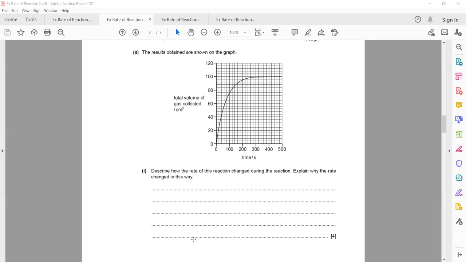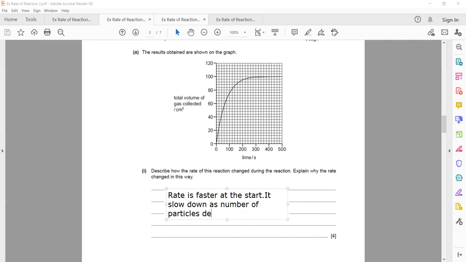So in the beginning, the rate is faster at the start, then it slows down as the number of particles decreases, because in the beginning you have more reactant particles forming product.